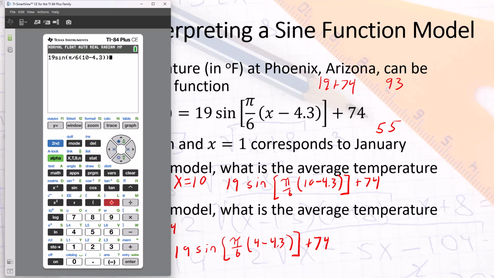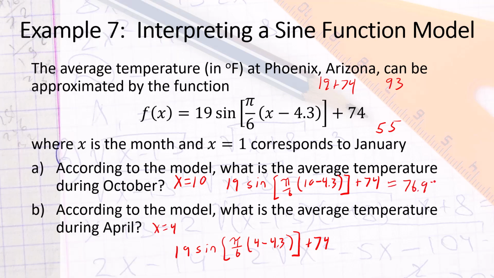Close that parenthesis, close the other parenthesis, plus 74. And there you go. That's my answer. The answer happens to be 76.97.